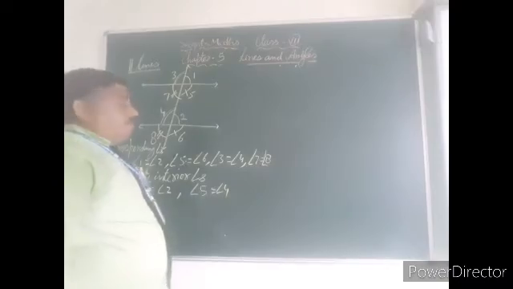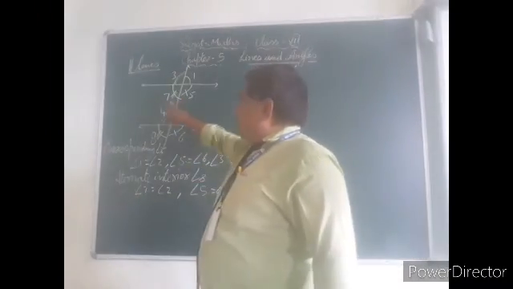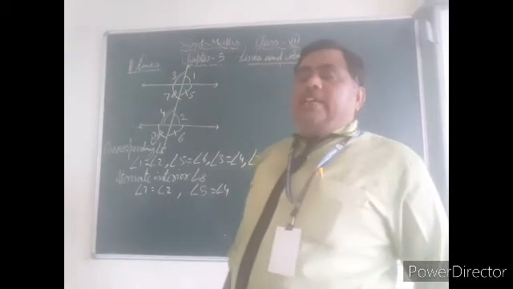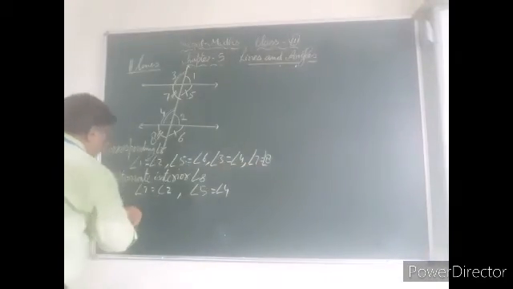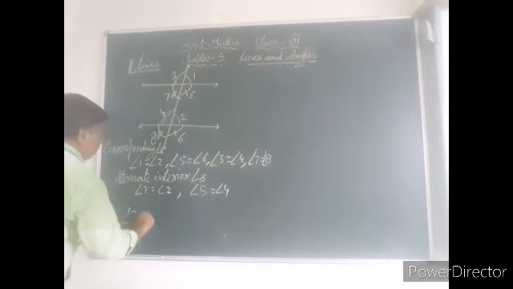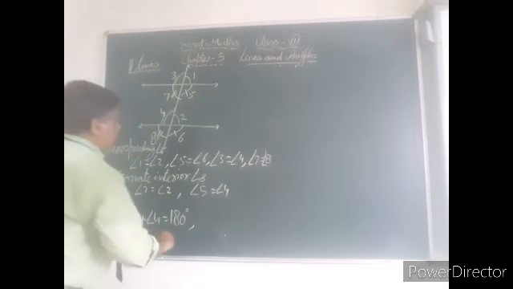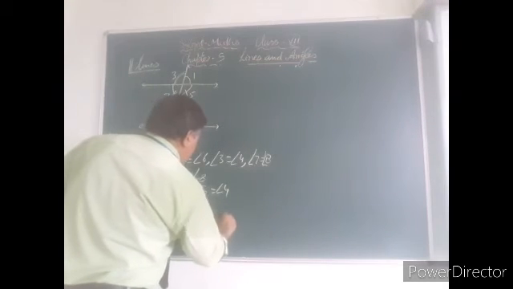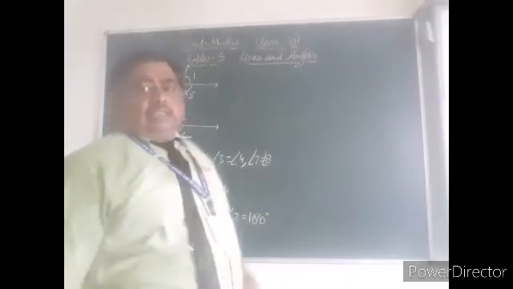Now when the lines are parallel, then the interior angles on the same side are 180 degree. That is, angle 7 plus angle 4 is equal to 180 degree, and angle 5 plus angle 2 is equal to 180 degree.